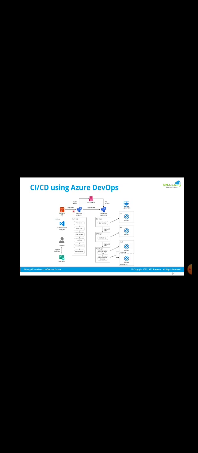As soon as the code goes into the repository, a build process, which we call Azure build pipeline, the CI part of that build, will run some job and generate an artifact, and that artifact will be stored in Azure Artifacts. Then once the build is done, it will trigger a deployment, or the CD part, and that will pull the artifact from Azure Artifacts and deploy it into the dev.